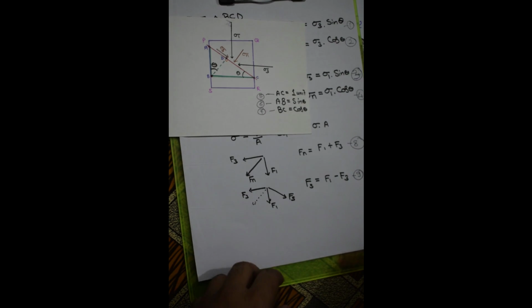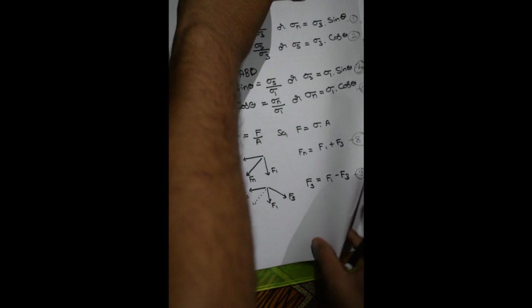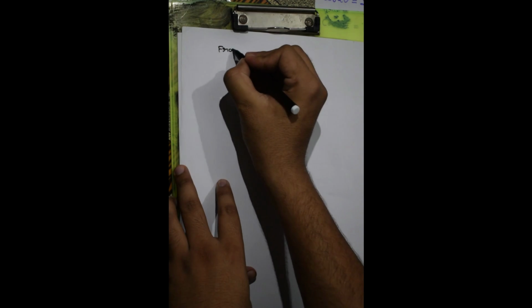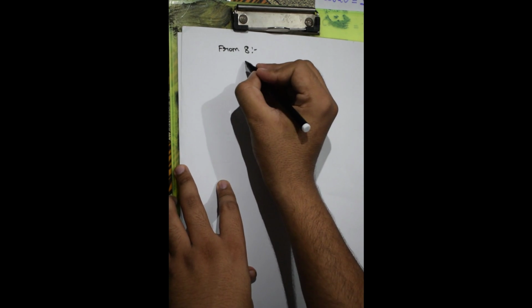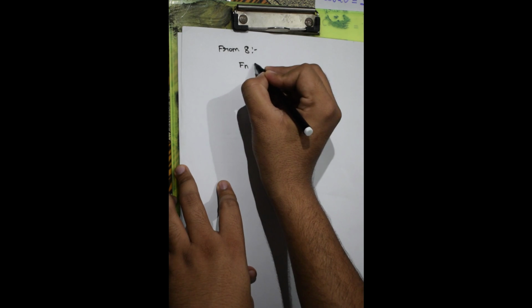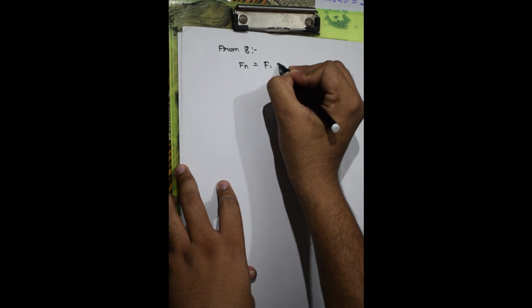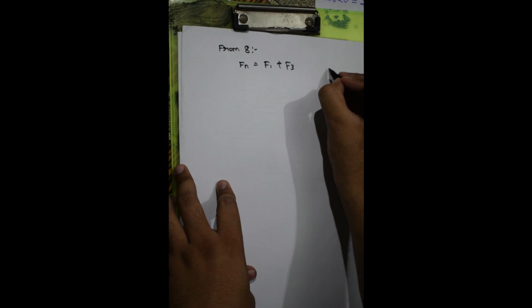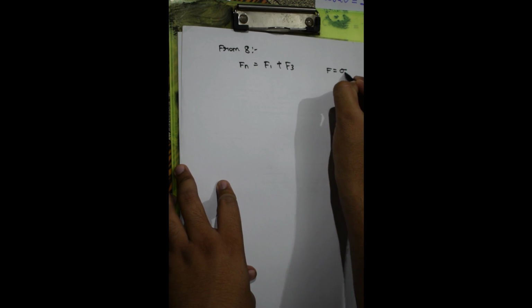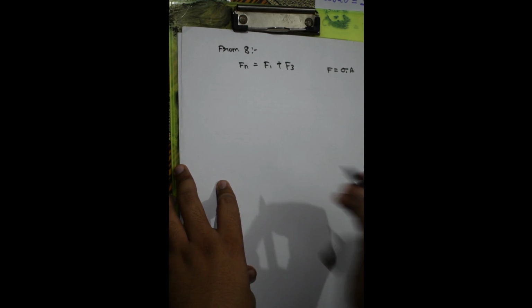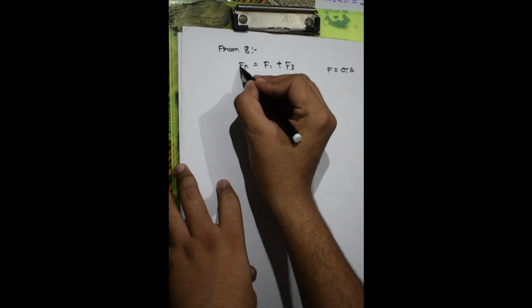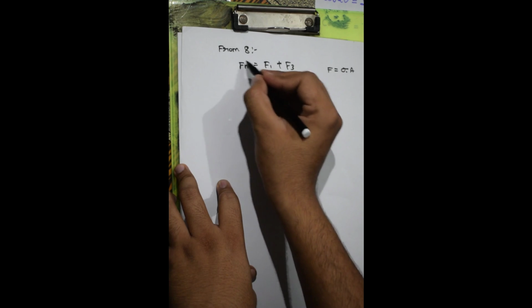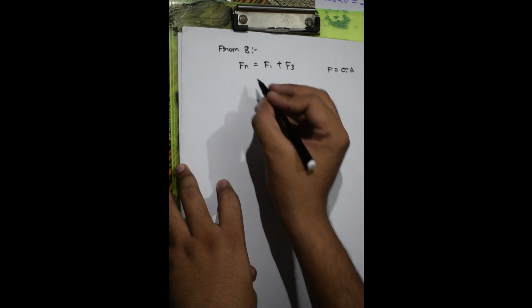Now using all these equations from 1 to 9, we have to derive the equation of the Mohr circle. From equation number 8, we know that Fn is equal to F1 plus F3, and as we also know that force is equal to stress multiplied by area, I can rewrite this equation in the form of stress if I multiply these forces by their respective areas.